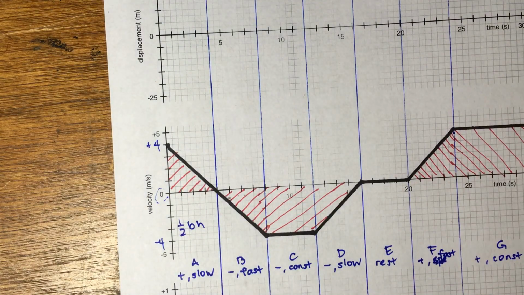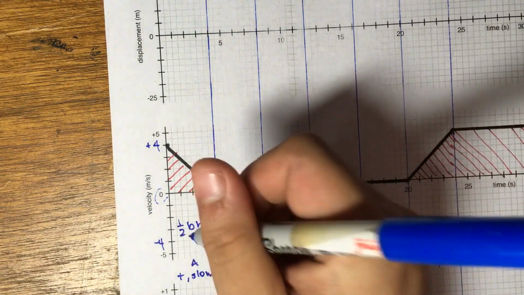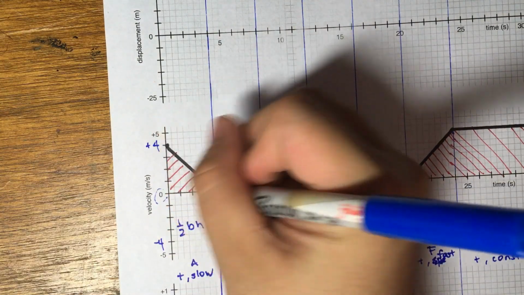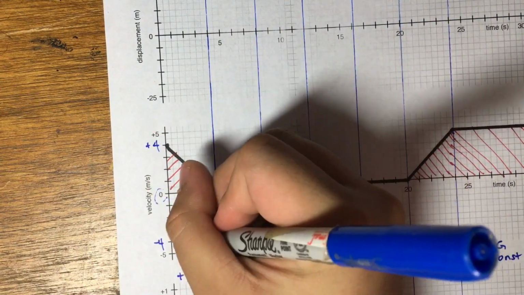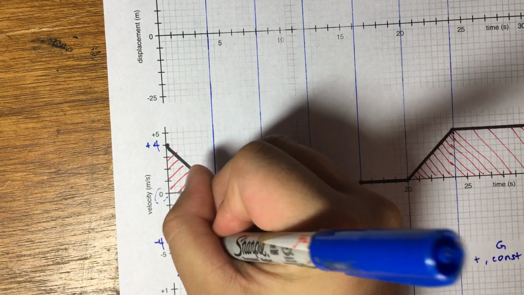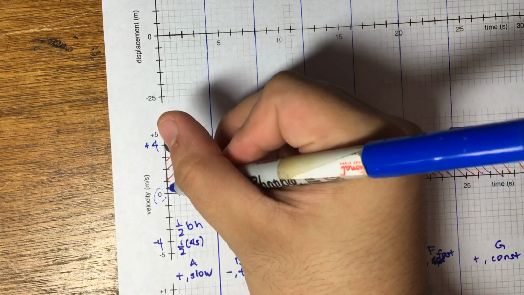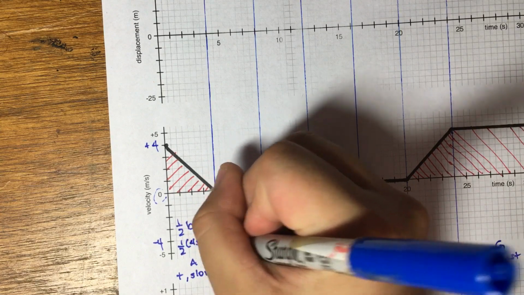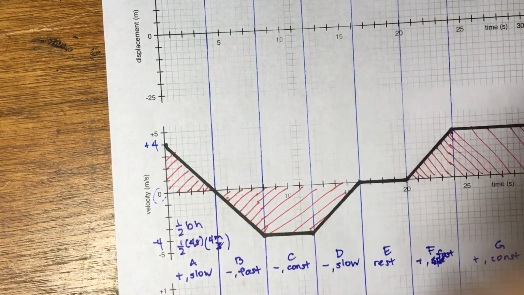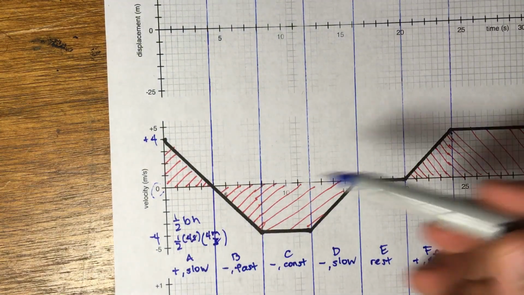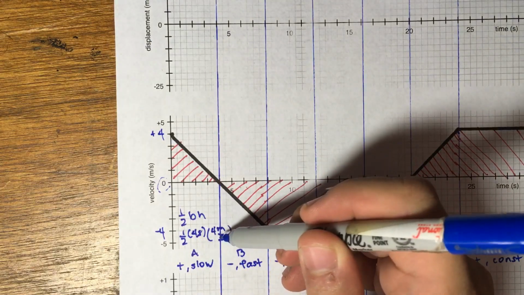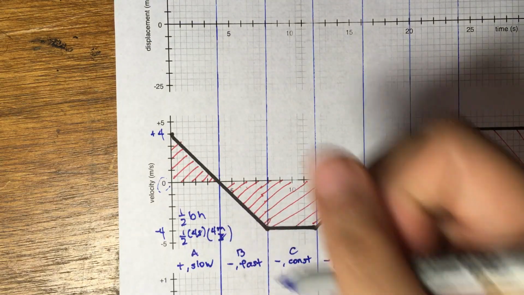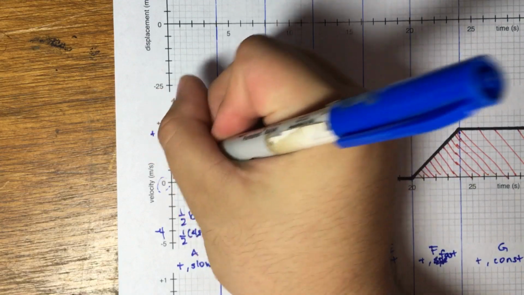Okay, and 1/2 base times height means that the base is 1, 2, 3, 4 seconds, and the height of your triangle is also 4 meters per second. Okay, that cancels out. You can actually do this manually. So 4 times 4 is equal to 16 divided by 2. So this is an area of 8 meters.